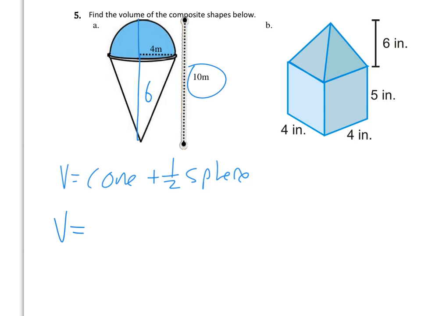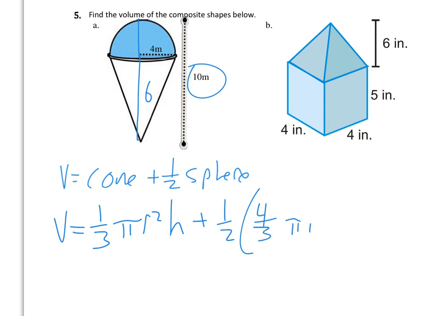So the volume of the cone is 1/3 pi r squared times the height. The sphere is going to be a half times the sphere, 4/3 pi r cubed.